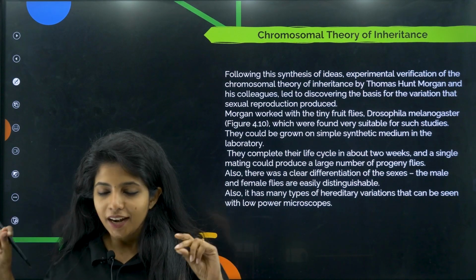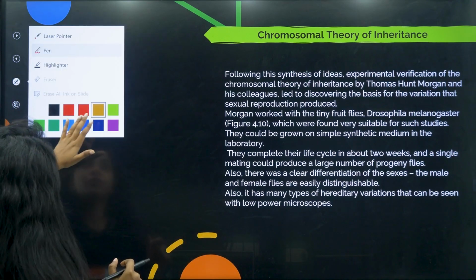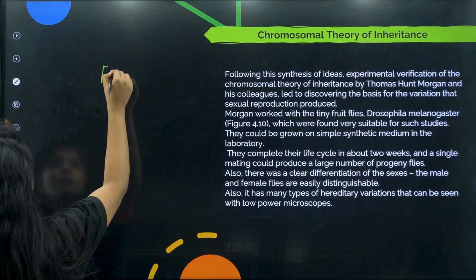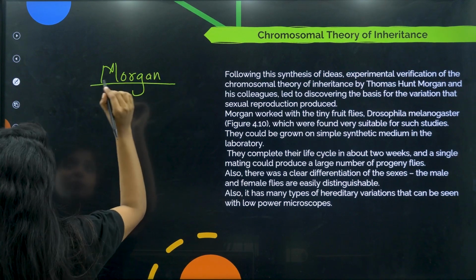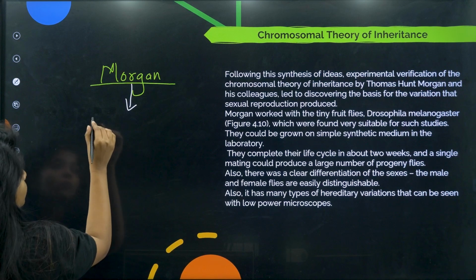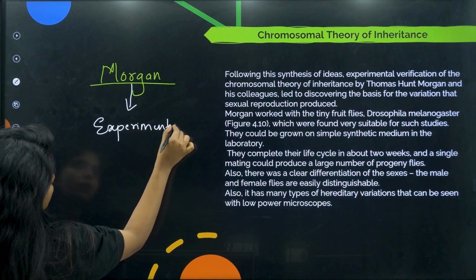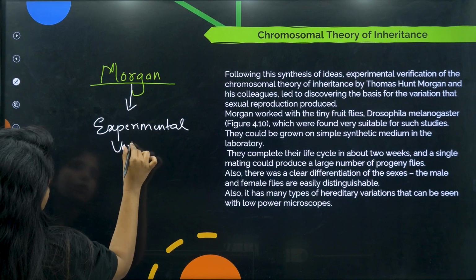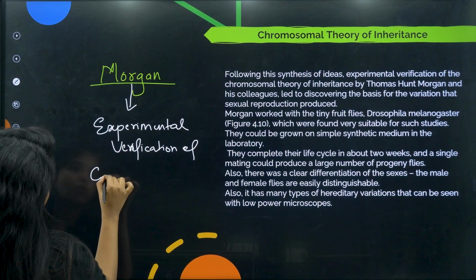So now, chromosomal theory of inheritance was on the verge of experimentation, and this experiment was done by Morgan. Please remember, the verification. Morgan was the one who did the experimental verification of what, children?